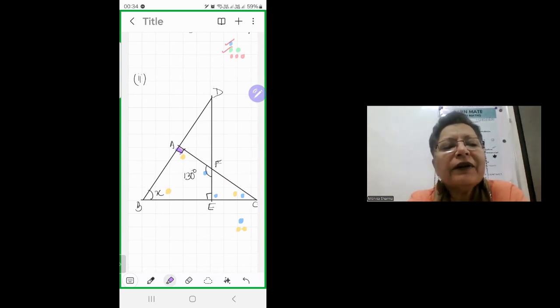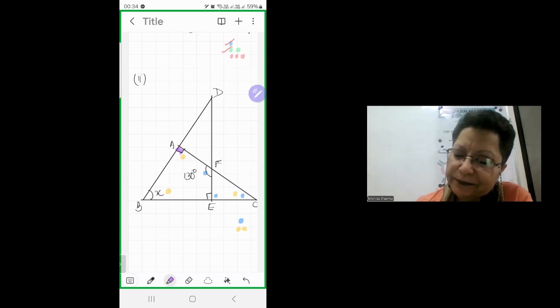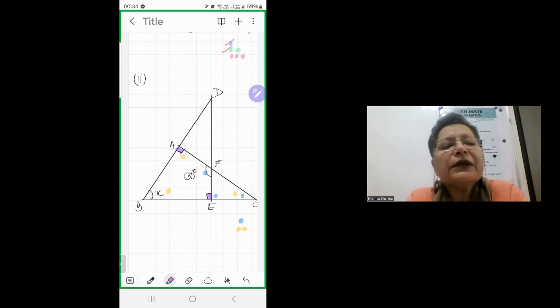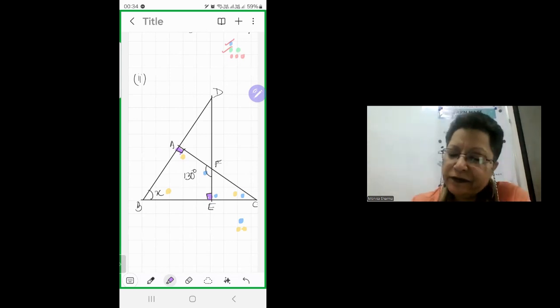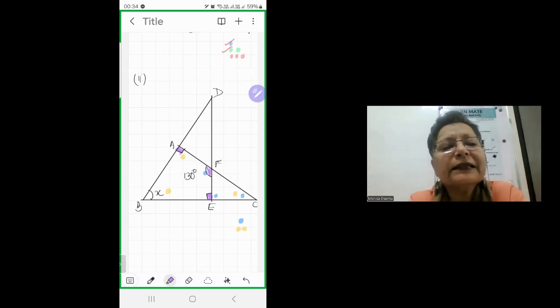You have another triangle BED, which is right angled at E. The only other information given to you is that the angle AFE here is 130 degrees. All this information given, you need to find out what is X.